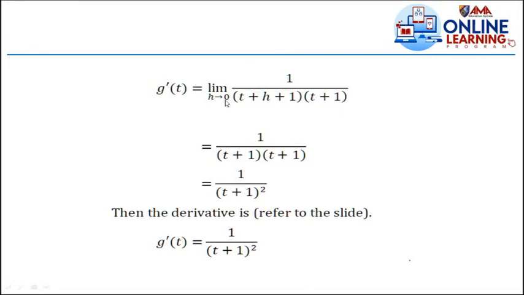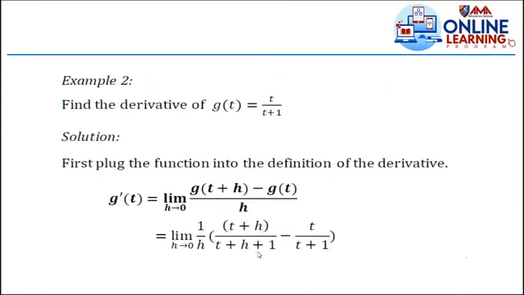As h approaches to 0, so substitute natin siya dito ngayon. So, what we have is t plus 1, and then, t plus 1. So, a plus b, that is a plus b raised to 2. So, therefore, the derivative is, refer to the slide, the first function of t is equal to 1 all over t plus 1 raised to 2.